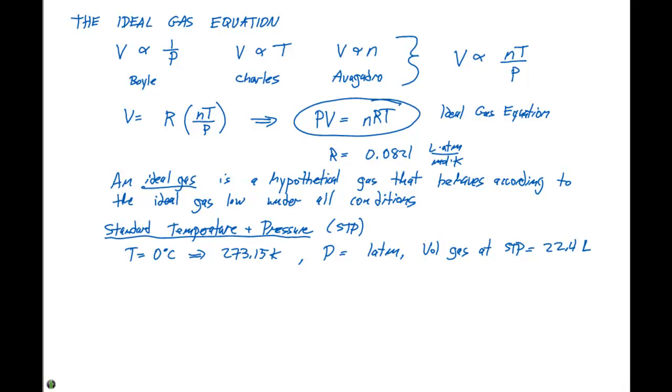And that 22.4 liters is per mole of the gas. So every mole of gas is going to be 22.4 liters, our pressure is going to be 1 atmosphere, and the temperature is 273.15 Kelvin.